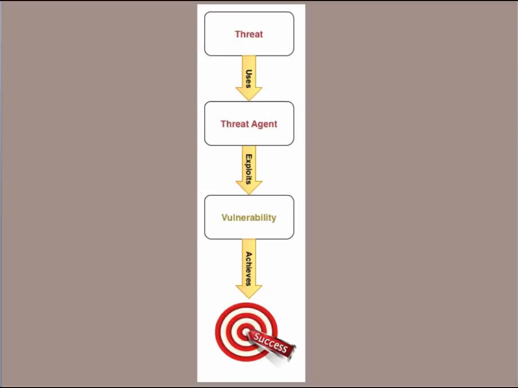So again, the threat is the who, the threat agent and vulnerability are the how, and the actions taken or the objectives reached by the attacker will have some business impact. So that's how these relate to each other.